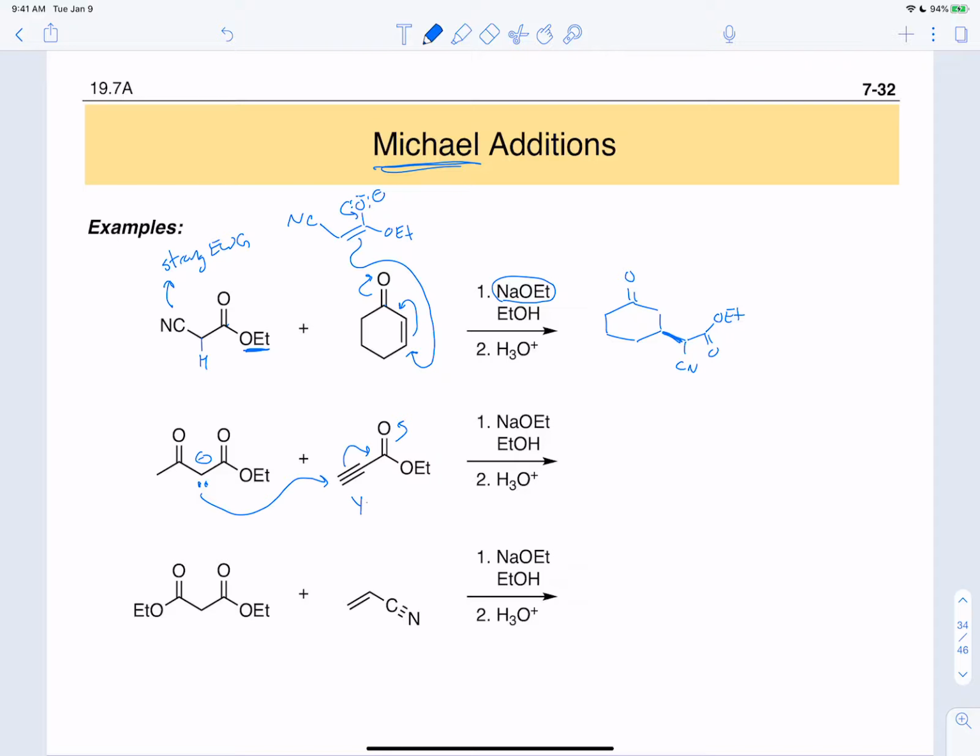This would be an ynone, what people call them. And we'd make this interesting allenic anion as an intermediate that will quickly be protonated, in this case by ethanol, because that is the proton source in this reaction.